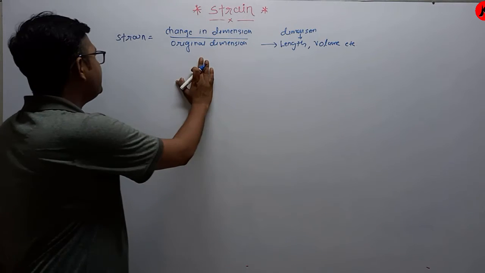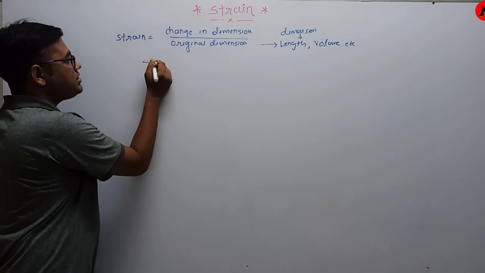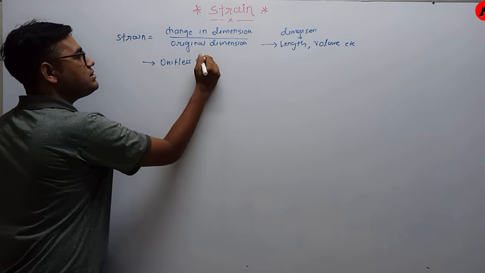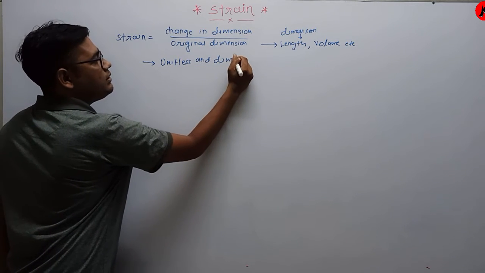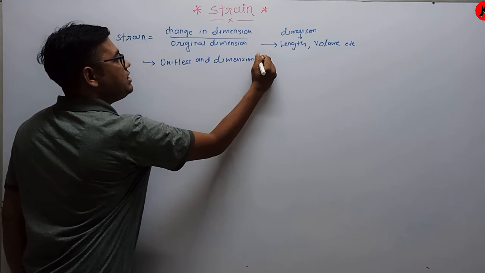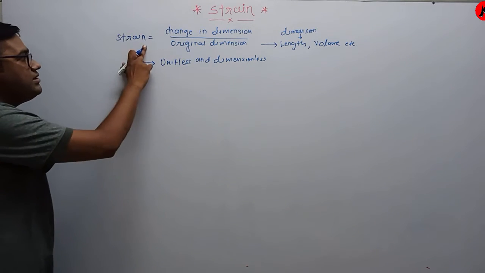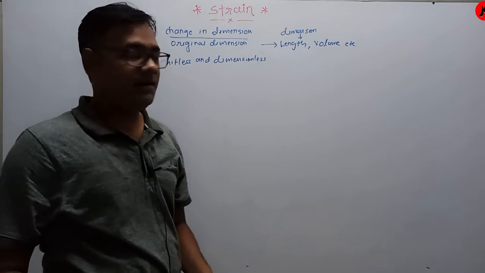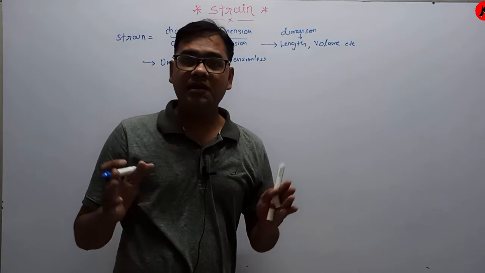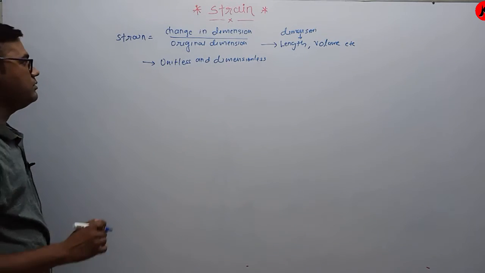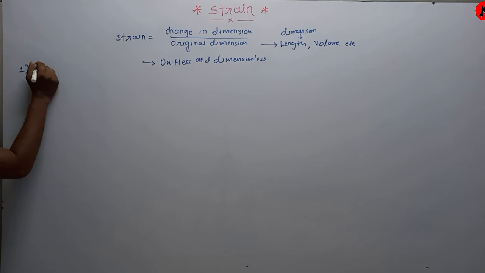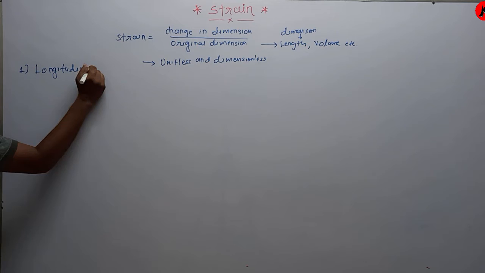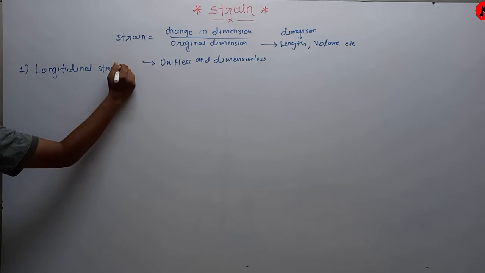So this is the definition of strain, and strain is a unitless as well as dimensionless quantity. Here we also have three different types of strain, and the first is longitudinal strain.